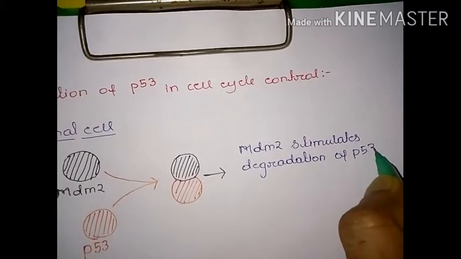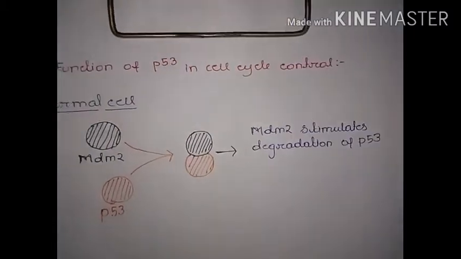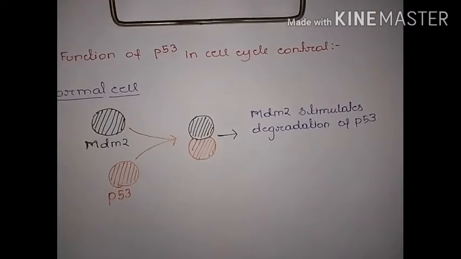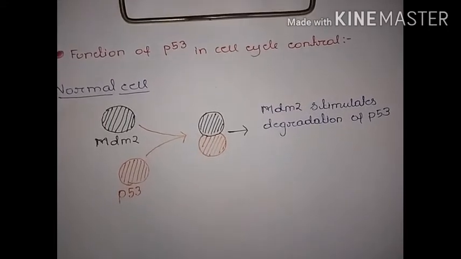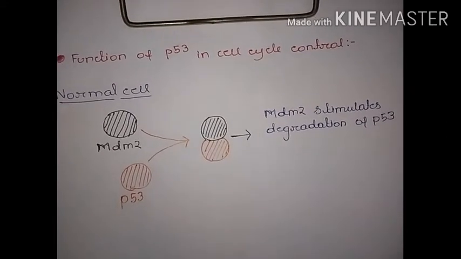So when p53 is degraded by MDM2, the amount of p53 becomes low in the case of a normal cell, because there is no need of p53.